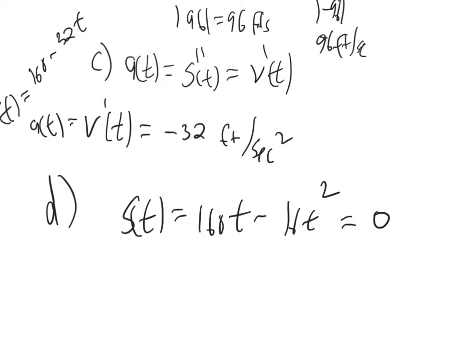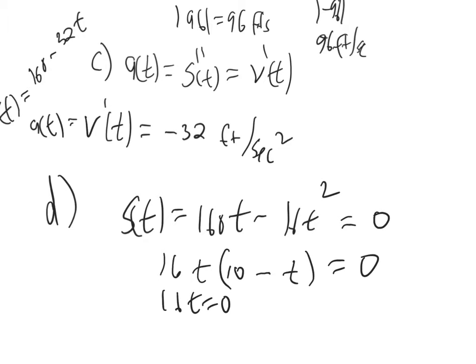This is a quadratic, but it only has two terms with t in it, so you are allowed to factor out any common terms. I'll factor out a 16t, and that gives me 10 minus t equals 0.